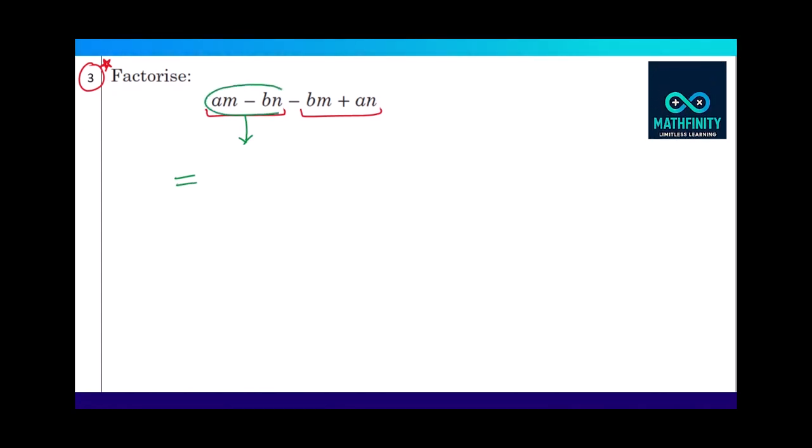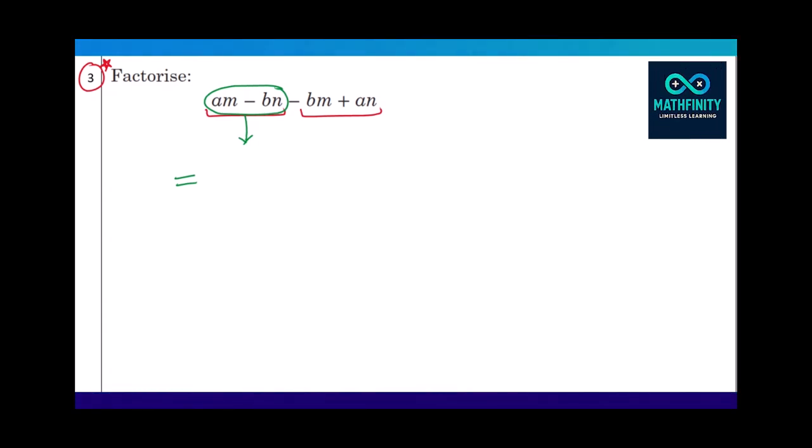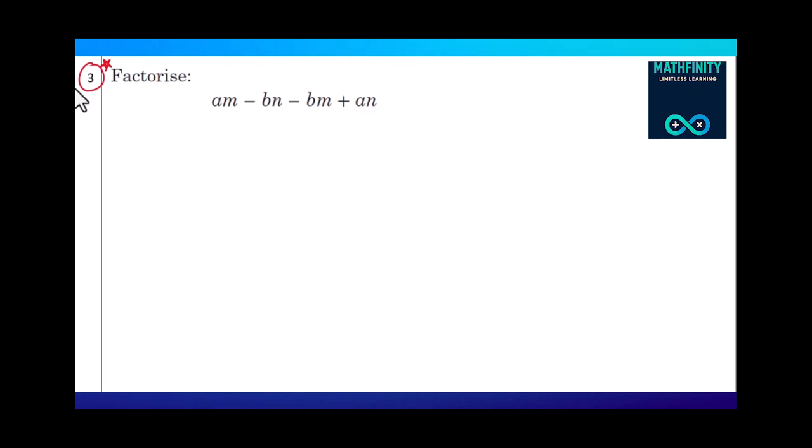From the first two terms, we observed that there is no common variable, am and bm. So what you have to do in this situation is rearrange the terms. You can rearrange the terms like m and an.